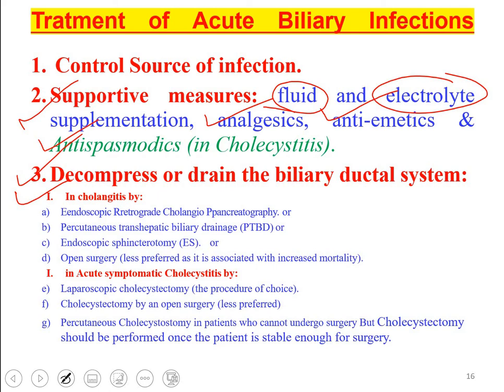cholangiopancreatography or percutaneous transhepatic biliary drainage, or as the case may be, endoscopic sphincterotomy, and it has its own complications, especially when you remove a part of the sphincter of Oddi.